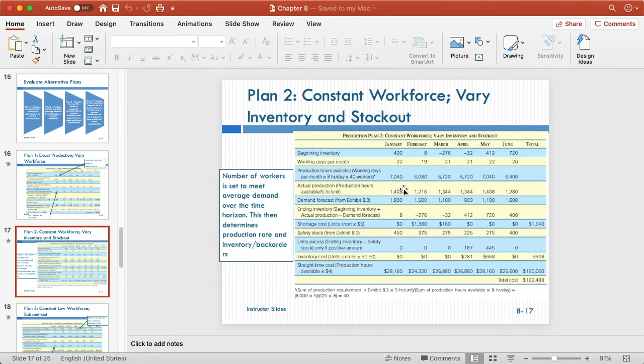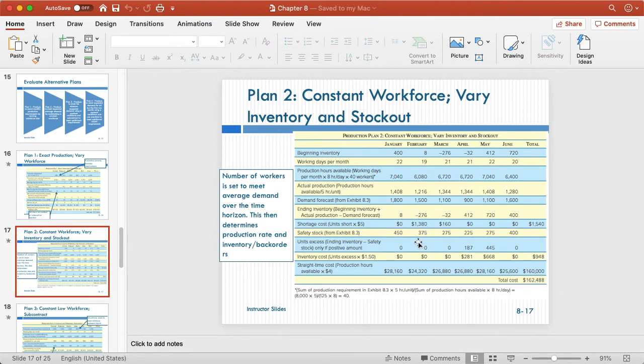In total, you have 1808, you add them up. What do you need for this amount? It's 1800. So the ending inventory would be 8. You sell the 1800, but the additional 8 units you cannot sell. This will become ending inventory.